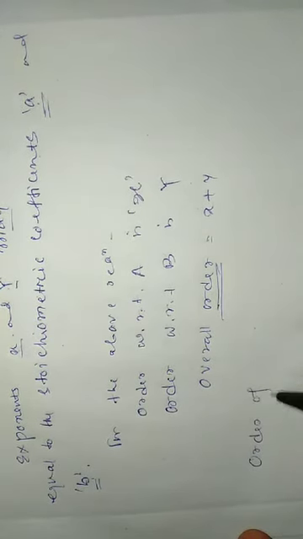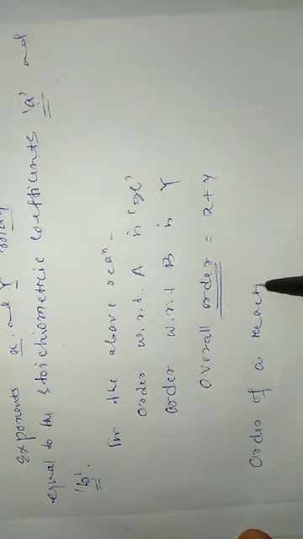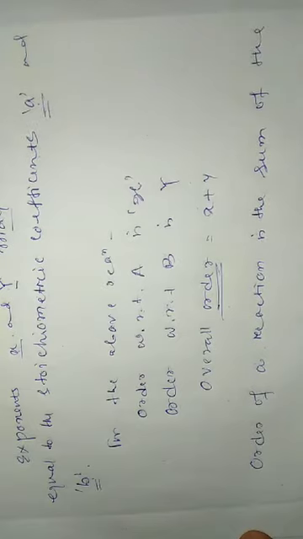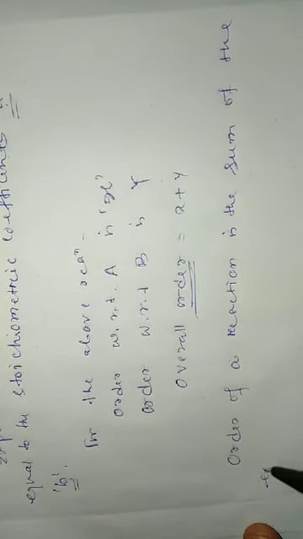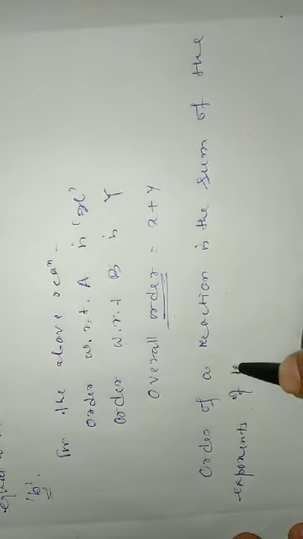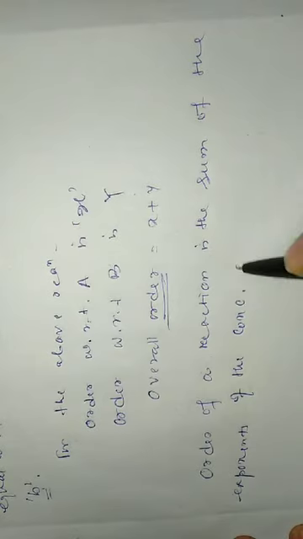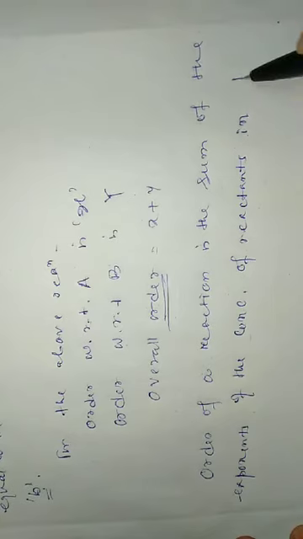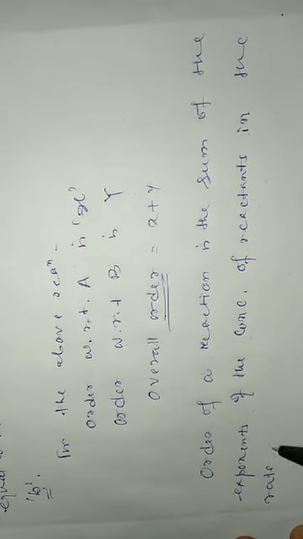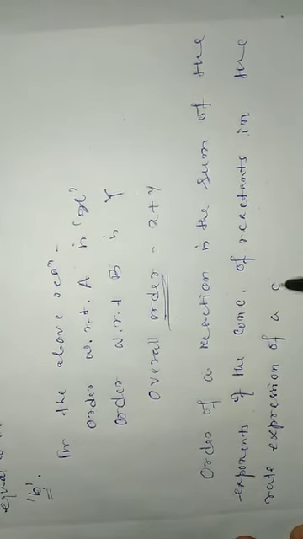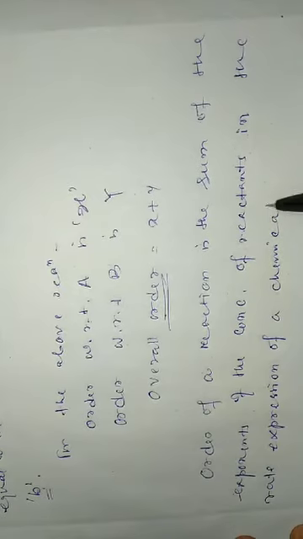So how can I define the order of a reaction? Order of a reaction is the sum of the exponents of the concentration of reactants in the rate expression or rate equation of a chemical reaction.